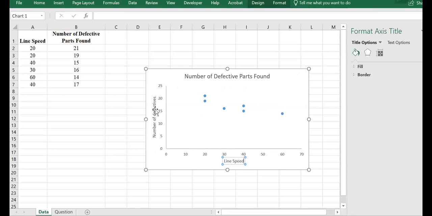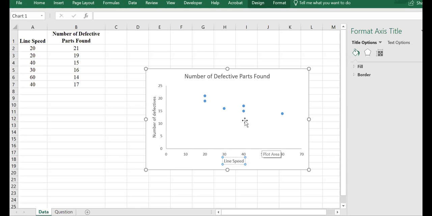The number of defective parts also should be a rate, just to make sense. This should be per hour or per minute, like there should be a unit of time, which the question did not mention. Anyway, so I have this scatter chart.